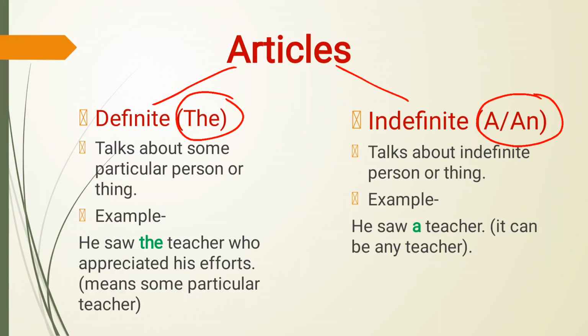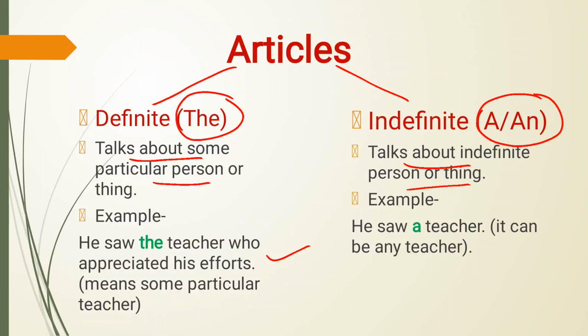So what have we learned? We have learned that the definite article the talks about some particular person or thing, and the indefinite article talks about an indefinite person or thing.